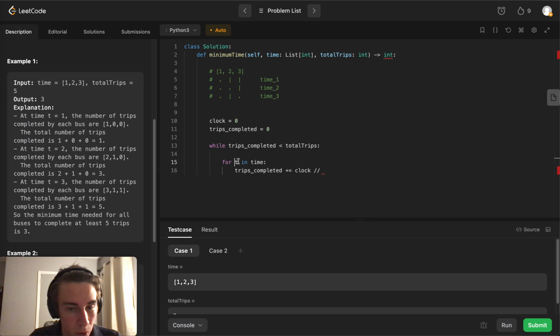So for t, for each bus in time, it would take clock divided by t, the Pythonic way, of time elapsing to complete one trip. So this is essentially just trips completed, and we can return trips completed here.